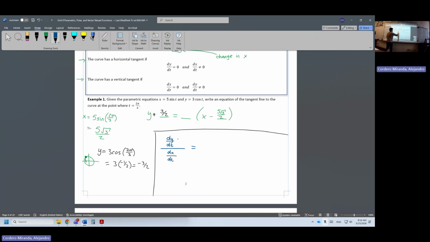Again, this will give me dy/dx. But dy/dt is, where's the y? Here. So the derivative of that would be negative 3 sine of t over dx/dt, which is 5 cosine of t.